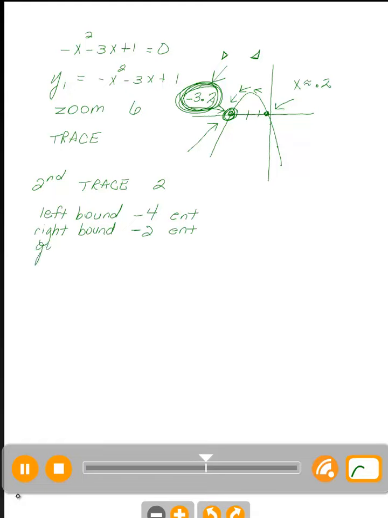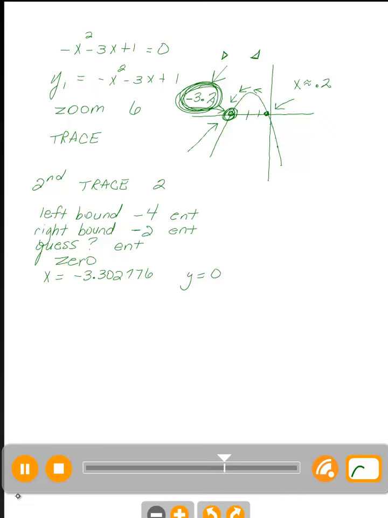It asks you for a guess, and you can just press enter for the guess. When you do that, you should get at the bottom of the screen the following answer. It should say zero, and under that, x equals negative 3.302776, y equals 0.